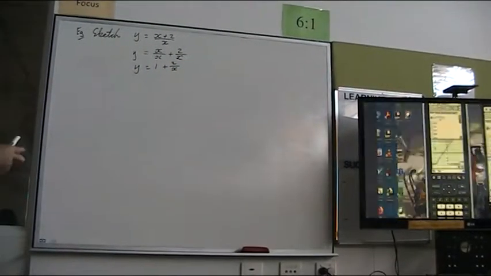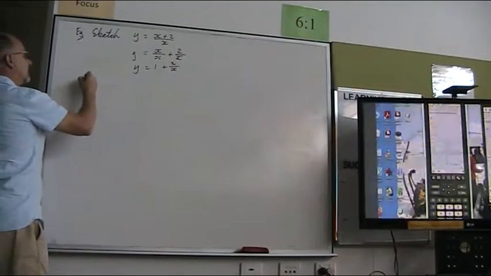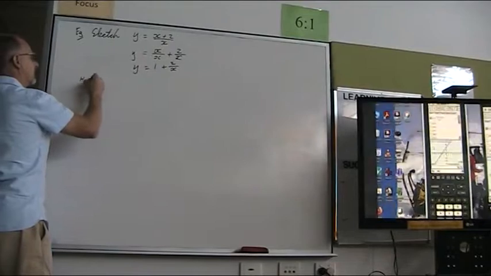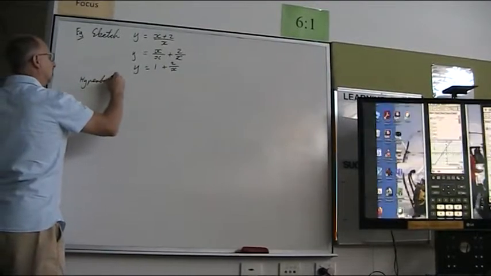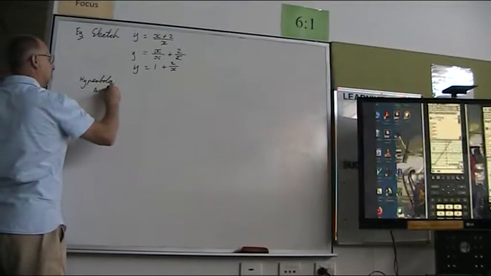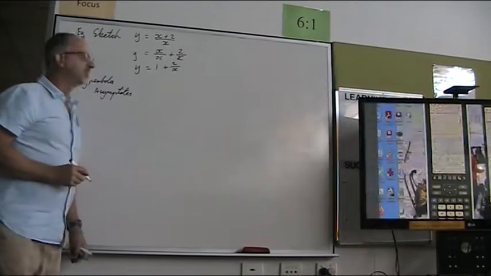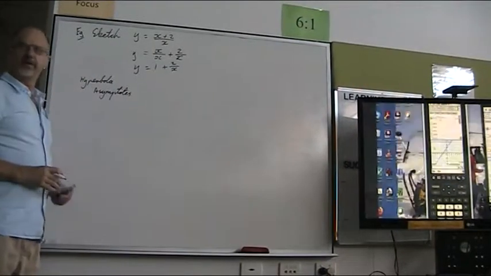And so now we can figure out some things, now that we've identified that it's a hyperbola. So hyperbola asymptotes. Two of them, wouldn't there be?